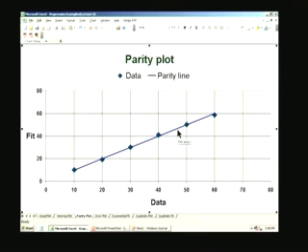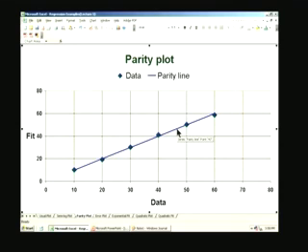That 45-degree line I have called the parity line. Parity line means the line of parity between the data and the fit. You can see from here that the points are all lying very close to the parity line, and therefore the fit is a good representation of the data which has been collected.